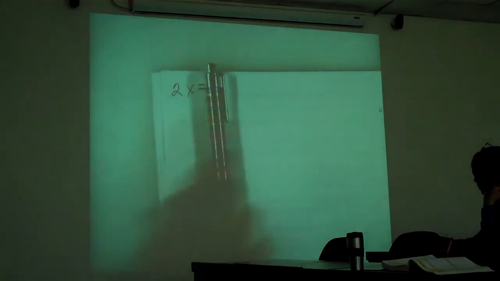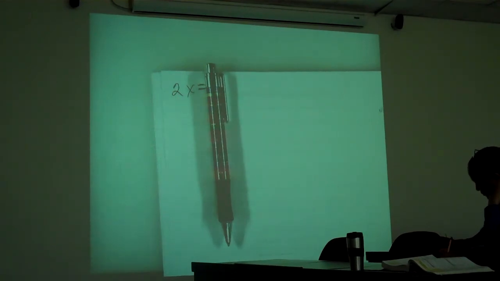Okay, what was done to our variable? It was multiplied by 2, right? If it was subtracted, we were adding. This was multiplied. So what do you think we'll be doing? The opposite of multiply is divide. It was multiplied by 2, so you're going to divide by 2.